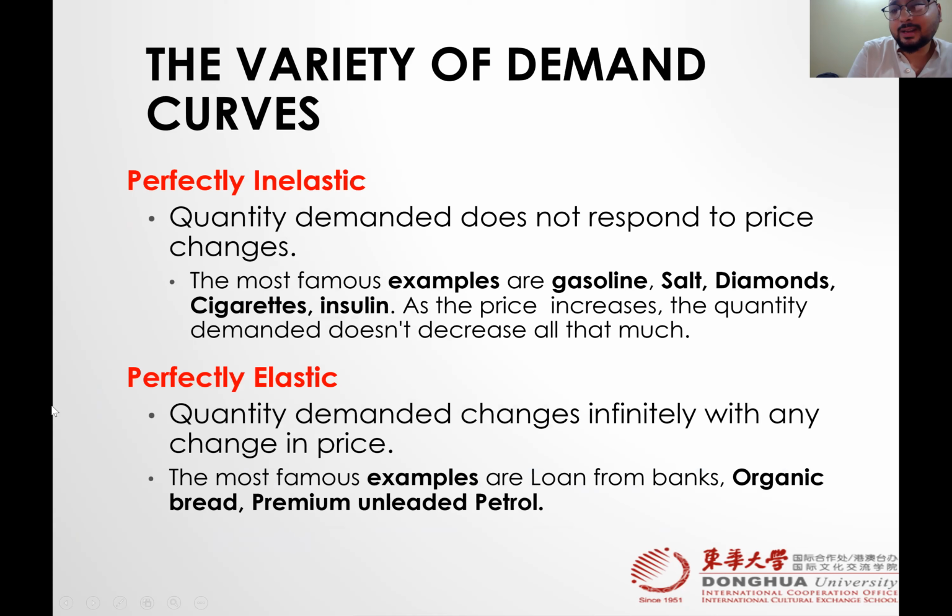Number 1, perfectly inelastic means if you increase or decrease prices, the quantity demanded has zero effect, whether the price is 1 million, 0, 20, or 40. Examples nowadays for short term are gasoline, salt, diamond, cigarette, medical products, insulin, or heart transplant.